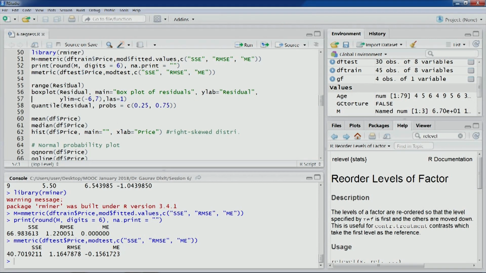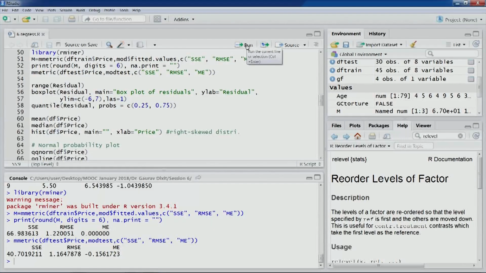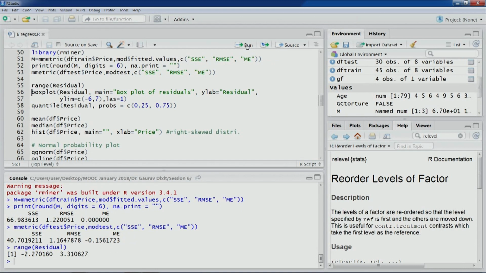For example, the box plot of residuals. The box plot of residuals also gives us some useful information about the model. So let's create a box plot for residuals. The range is minus 2.27 to 3.31.